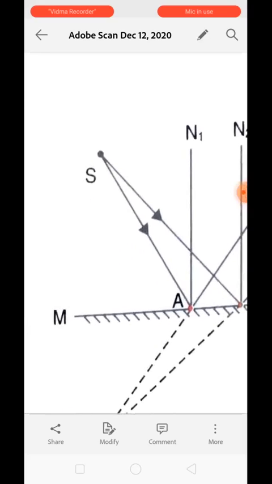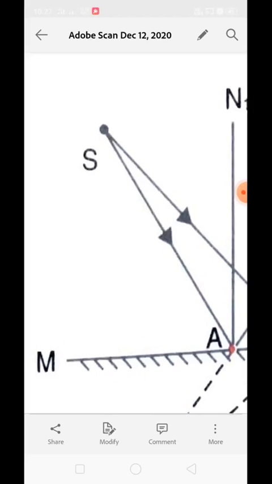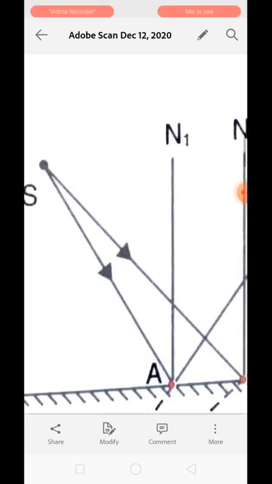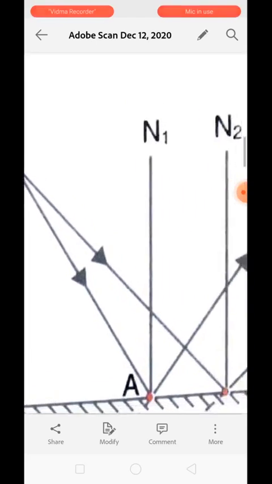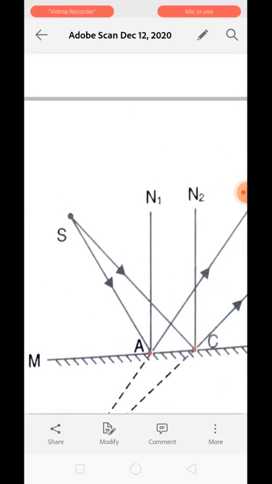The first ray which we are going to consider falls on point A from S. So this ray is named SA. The second ray is falling at the point C, from S to C. So this second ray is named SC.